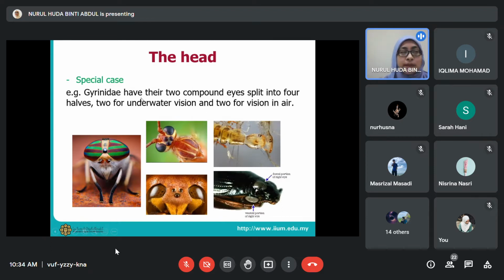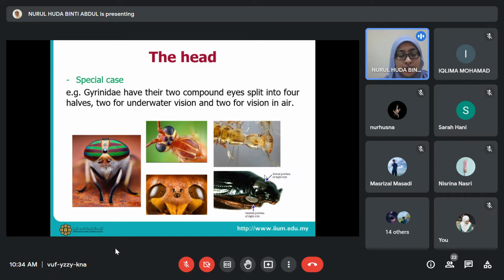There are a few special cases in terms of eyes. Okay, for example, the last picture here, the black one, it's actually Gyrinidae, one family in the beetle group, in Coleoptera. They have two compound eyes split into four halves. Maksudnya you can see that it seems like their eyes have two pairs, one pair above and one pair below.